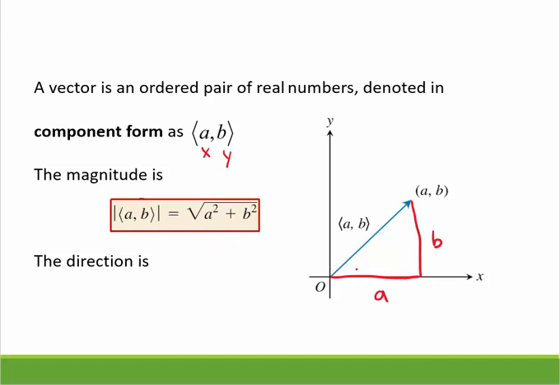And the direction, this theta, which comes from the positive x-axis rotating up counterclockwise, is going to be, tangent of theta is b over a, so we have to do the inverse tangent of b over a, giving r and theta.